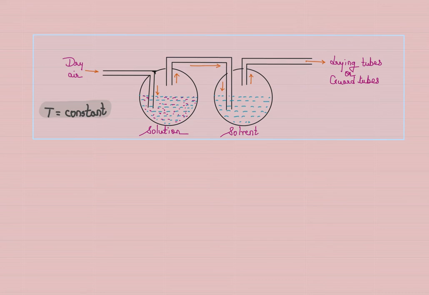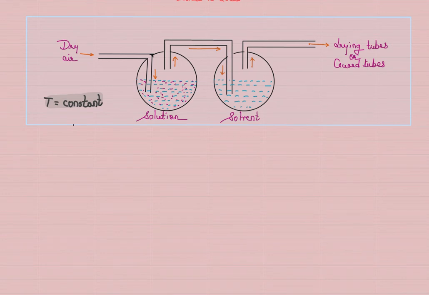Now let us understand what happens here when dry air is passed. As you can see, this apparatus is shown, and you have this dry air which is made to pass through this first bulb, and then through this second bulb. The first bulb has solution and the second bulb has solvent.